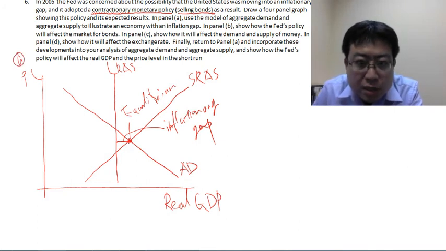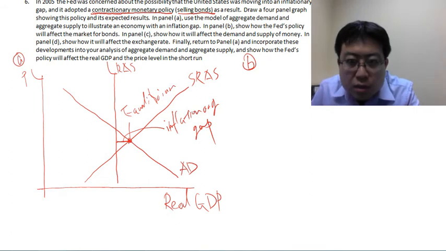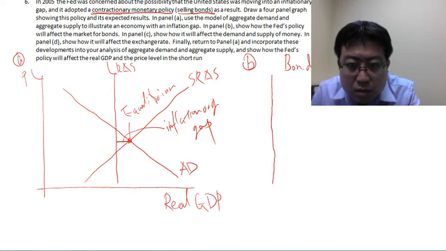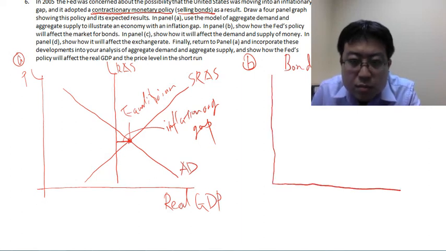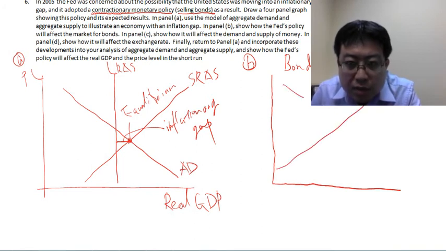Let's do our panel B on the side over here. For panel B, we're going to do our bond market. Supply for bond, demand for bond.